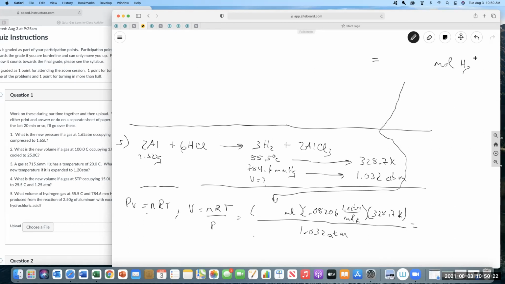Once I get the moles of hydrogen, how am I going to do that? Well, I have 2.50 grams of aluminum. I can convert that to moles. 1 mole of aluminum is 26.98 grams of aluminum. And from the balanced chemical equation, I have 3 moles of hydrogen for 2 moles of aluminum. I don't have to take this to grams because I only want moles.